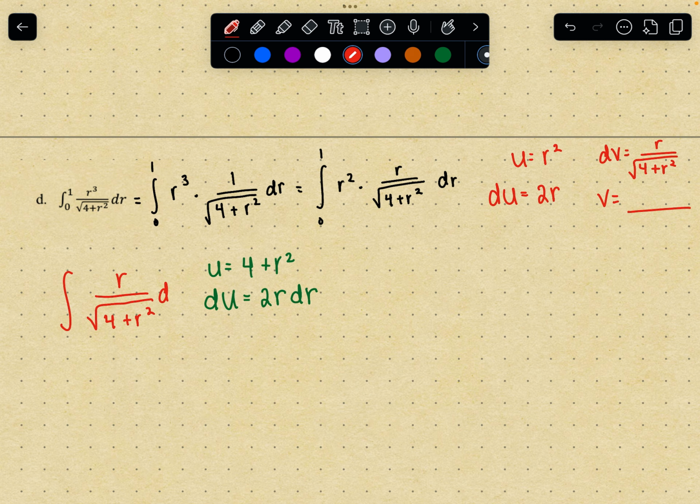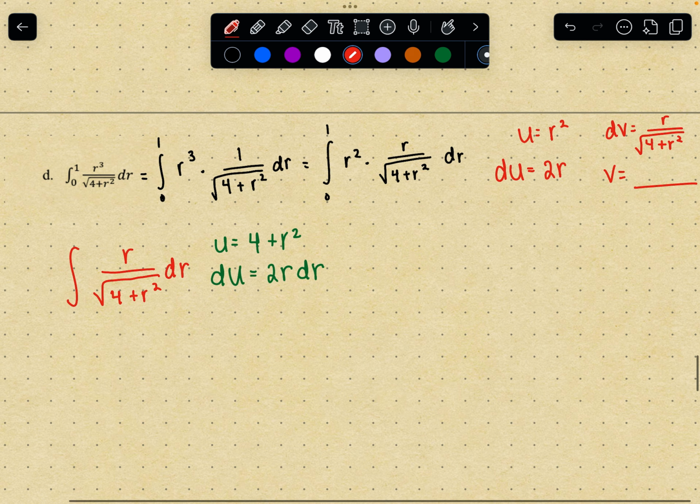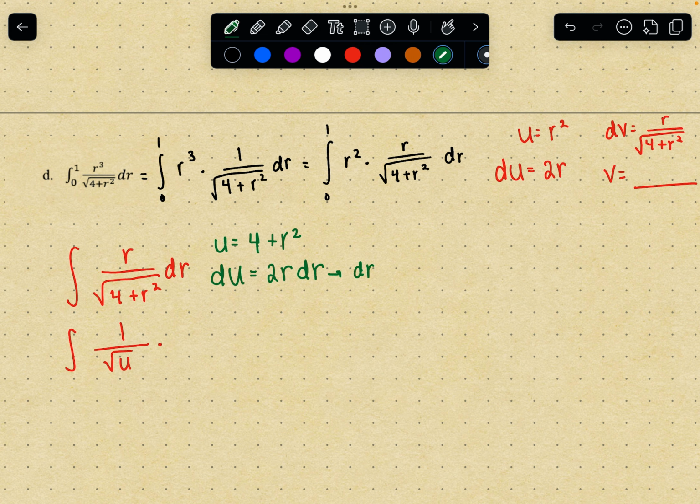Okay. So let's plug everything in. I get integral, I'm for sure this, and then I'm 1 plus, let's figure out what dr is. dr is 1 over 2r du. Okay.